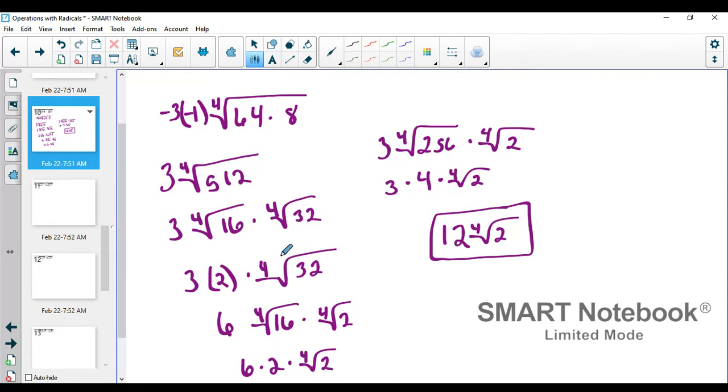So you can do this either way if you don't recognize right away that there's a larger number that'll work. So you can break it down step by step, or you can use the bigger number.